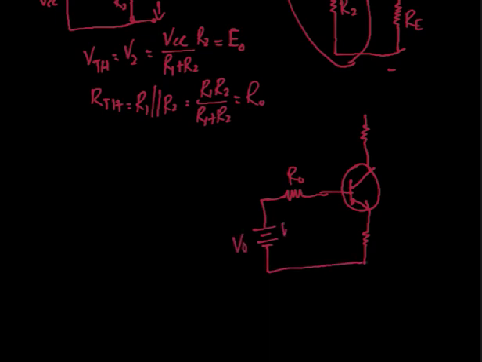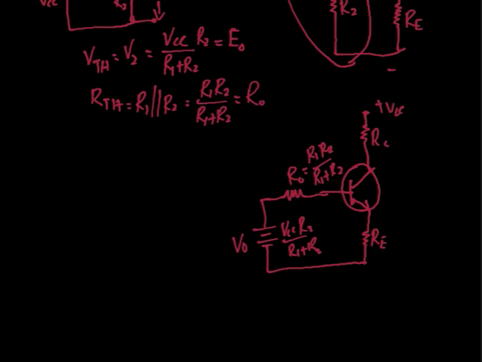This V0 is given by VCC into R2 divided by R1 plus R2, and this R0 is given by R1 parallel to R2, that is R1 R2 divided by R1 plus R2, and across this RC we are connecting the plus VCC, and here we have RE.